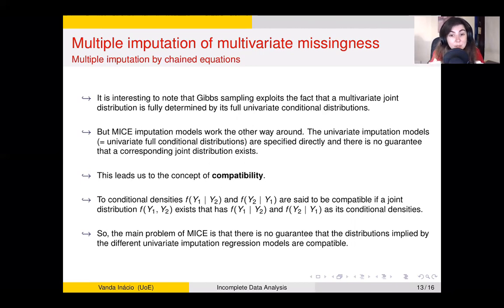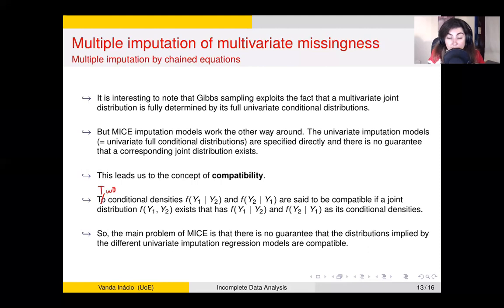And this leads us to the concept, which we have superficially approached in week 4, of compatibility. And here I need to correct this as well. Two conditional densities, f(y1 given y2) and f(y2 given y1), are said to be compatible if a joint distribution f(y1, y2) exists such that it has f(y1 given y2) and f(y2 given y1) as its conditional densities.